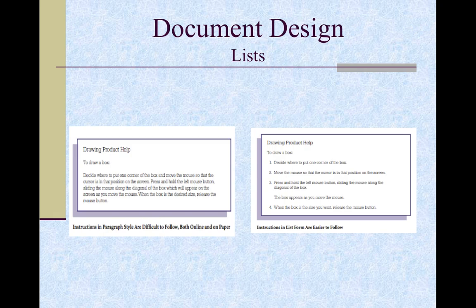That's the one on the left-hand side. But on the right-hand side, instructions in list form are easier to read and follow. So we have the heading, drawing product help, then we have the brief lead-in, to draw a box, and then 4 items that are listed in the order that they should be carried out, which makes it a lot easier for the reader to follow the instructions.